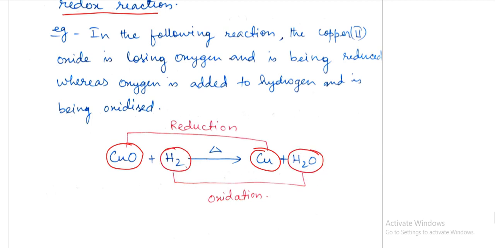That means oxygen is added to hydrogen and it is forming water. So we can say that hydrogen is undergoing oxidation, but copper oxide is undergoing reduction. So as we can see here, oxidation and reduction are occurring simultaneously in the same reaction. So this type of reaction is called a redox reaction.